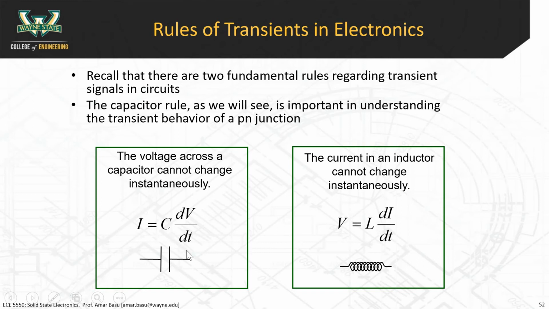Now, what this equation implies is you cannot have infinite current. It's impossible to have infinite current. Because you can't have infinite current, you can't have an infinite change in voltage. The voltage can't change instantaneously, because if it did, then dV/dt would be infinite, and then you'd have an infinite current going across there, neither of which is possible.